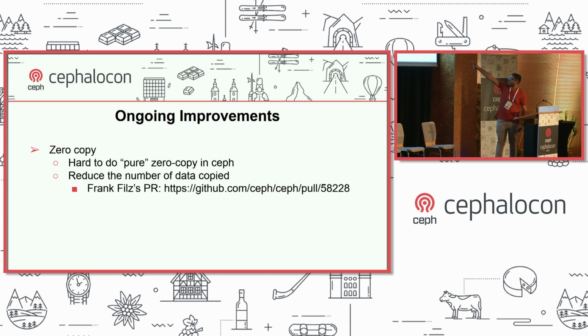So we have the pull request, which is by Frank Filz. This PR is currently work in progress. Most of the work is done, but there are some test cases going to be added, and some refactoring needs to be done. It's under review.